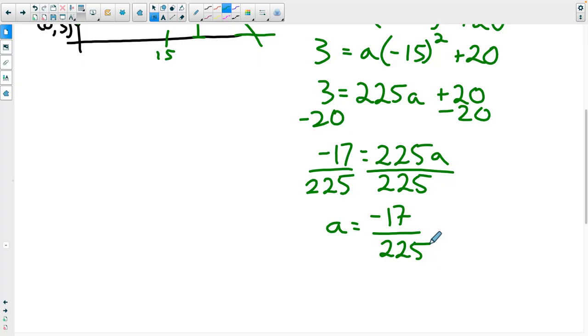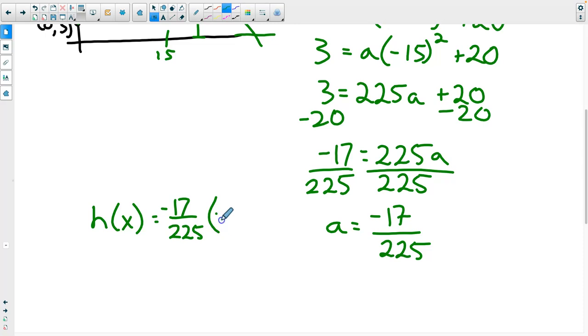Are we done here? I only really ask that if we're not done. So what do we have to do yet? I'm going to write this out. h of x equals negative 17, and then we just put the rest of our function that we had.